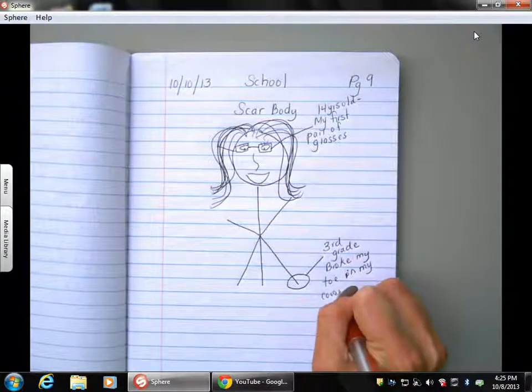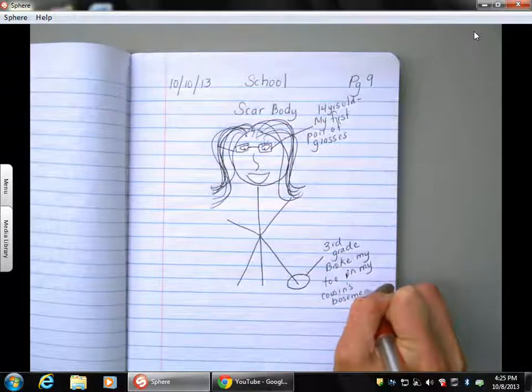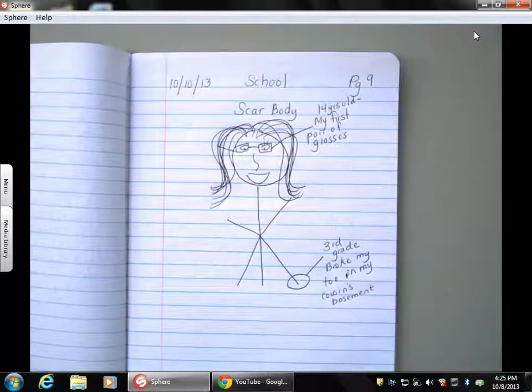I remember where I was. And that's a story in itself. So if I chose to pick the time that I broke my toe, that would be a great personal narrative. Do you see how all of these stories are coming about based on this scar body?